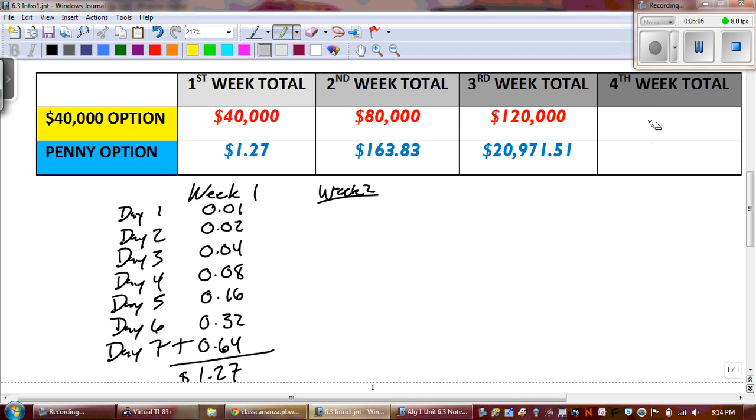Well, fourth week, $160,000. That's some pretty good money. But in the penny option, what do you think the total is going to be? I know in class someone was thinking like, maybe $70,000. I'd say $70,000 sounds good. But you know what the grand total really is? Over $2 million.